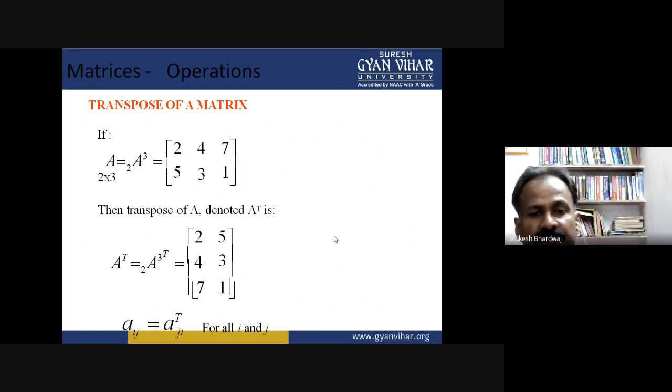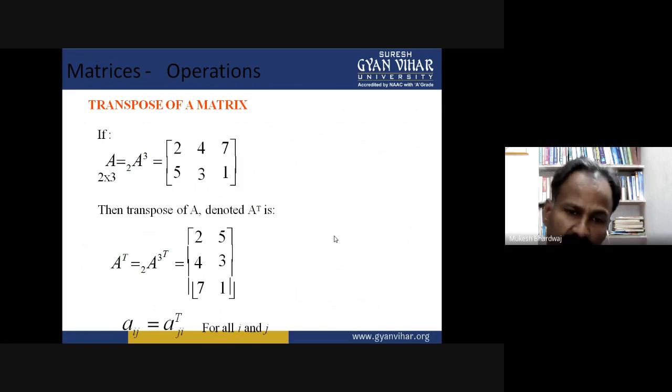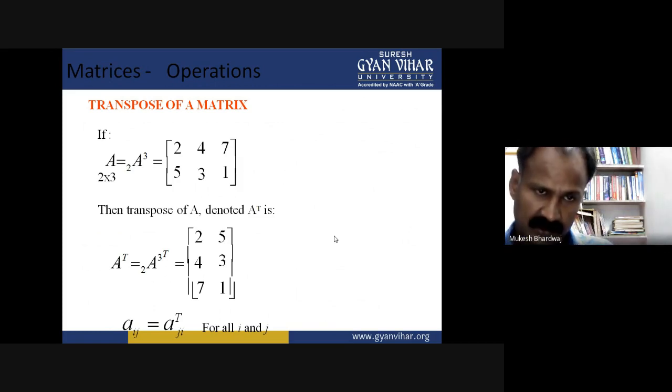The transpose of A is denoted by A dash or A transpose. A transpose means you are changing rows into columns and columns into rows. So the order will automatically change: for matrix A the order is 2 by 3, and for A transpose the order is 3 by 2.